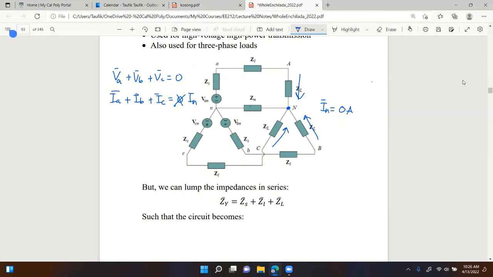I could just replace this impedance with a short, like this. Agree? Because it's 0 volts, and the voltage across a short is 0 volts. So even though there is impedance, because there is 0 current, we can model this impedance as a short. Does it make sense?